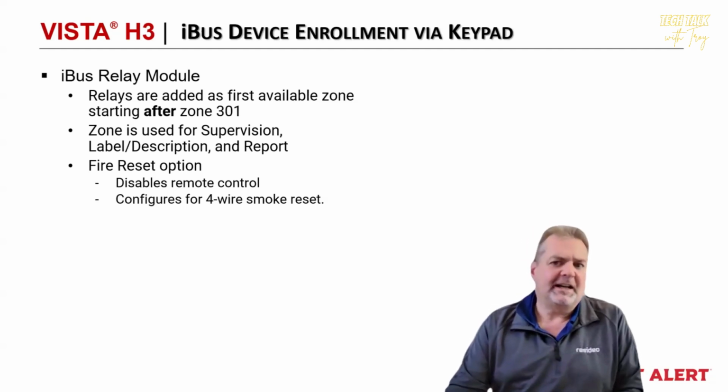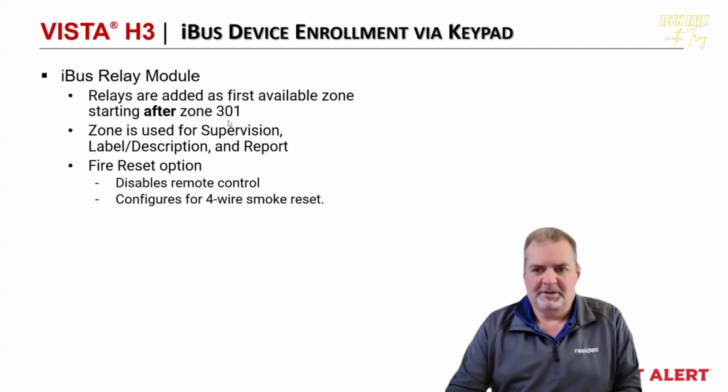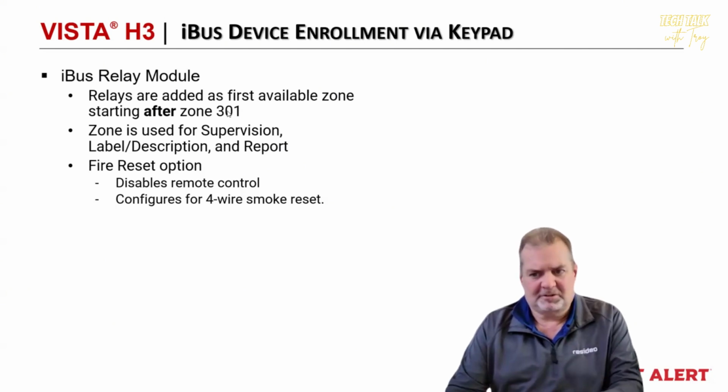When you enroll an iBus relay module, that will start at zone 301, and that's for the relay itself. We'll talk about relay assignment, where we're calling it a zone and an output synonymously here.